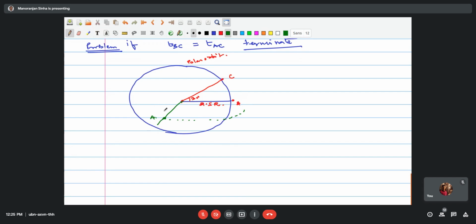This distance is 1.5 r. The satellite is located here. So this is the equatorial orbit.